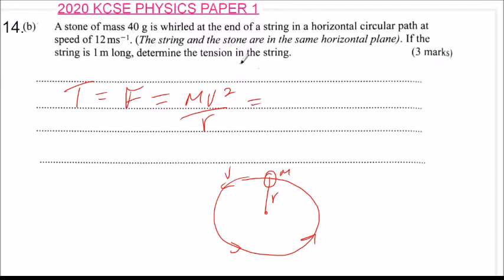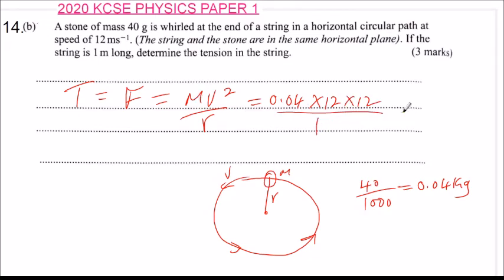The mass of the stone, we are told it is 40 grams. So we divide by 1,000 to make that kg. So it is 0.04 kg. So we say 0.04, you multiply by the velocity. The velocity, we are told it is 12. Multiply by 12 because it is v squared.